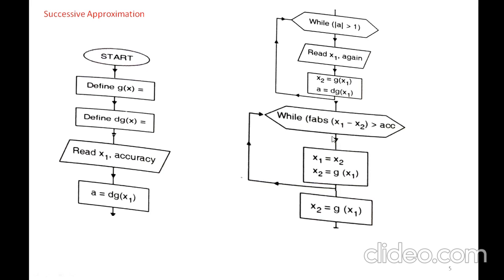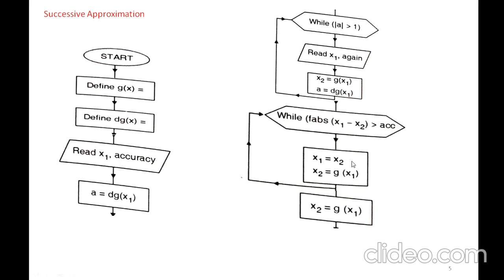For the accuracy criteria, we check the modulus value of x1 minus x2, which should be less than accuracy. If the value of x1 minus x2 is greater than accuracy, then we will replace x1 by x2 and the next value of x2 will be g of x1.